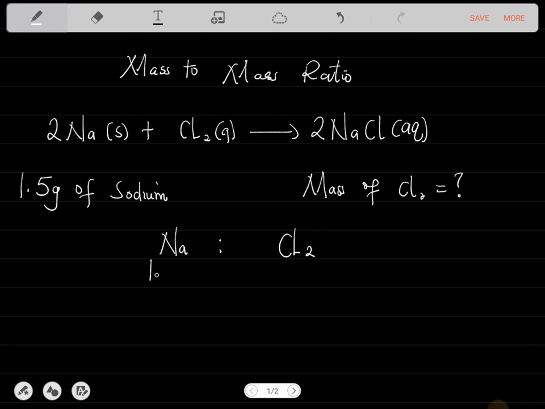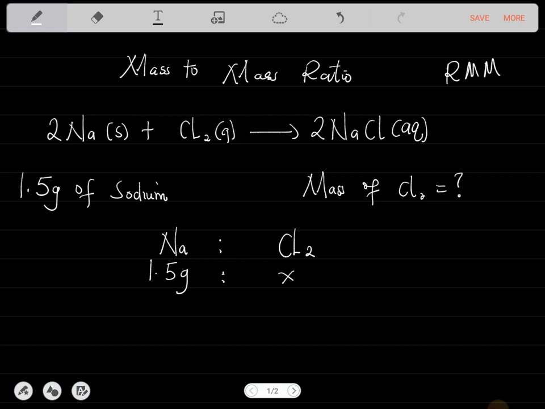So we have been given 1.5 grams of sodium, but we haven't been given the mass of chlorine. It's what we are looking for. Now, if we are saying mass to mass ratio, which other masses are we going to compare? Well, we are going to compare their relative molecular mass.